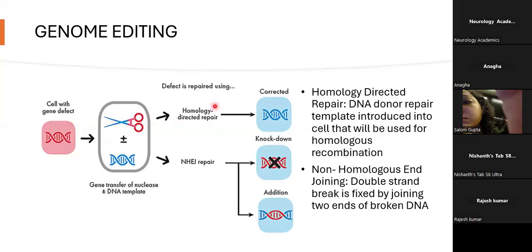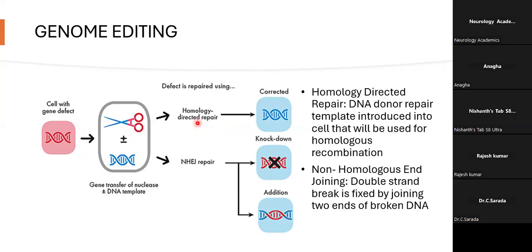This can be done with two methods, that is homology directed repair or non-homologous end joining. In homology directed repair, the DNA donor template introduced into the cell will be used for homologous recombination. Basically, the nuclease enzyme that we are inserting will induce breaks in the DNA strands at the point of mutation.